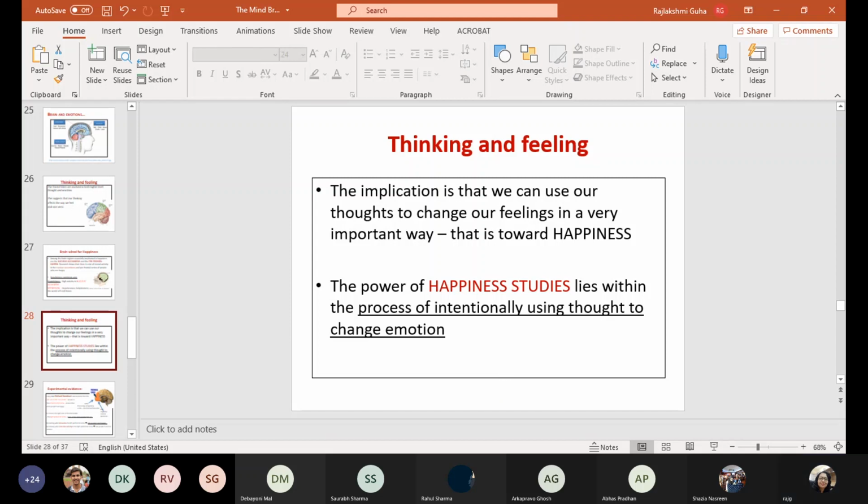Does that area get affected even if we are sleeping or dreaming about something that we are happy about? Will that area get stimulated with it? It's a wonderful question, Rohit.